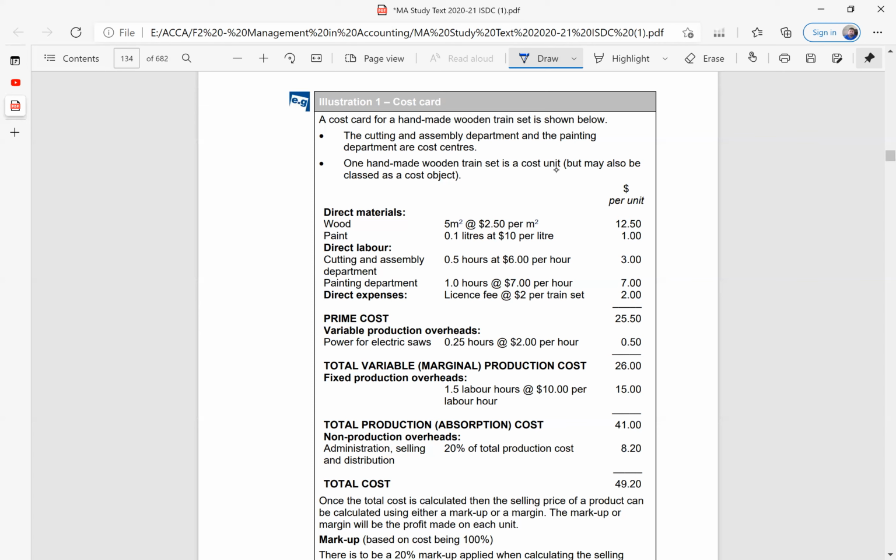Now, variable production overheads are also generally given per unit. Variable cost is generally considered to be direct only. But the only reason why I have written it after prime cost is because this is not linked directly with the product.